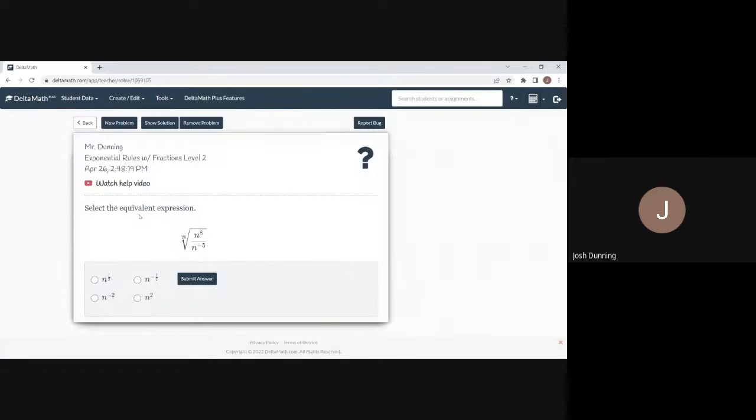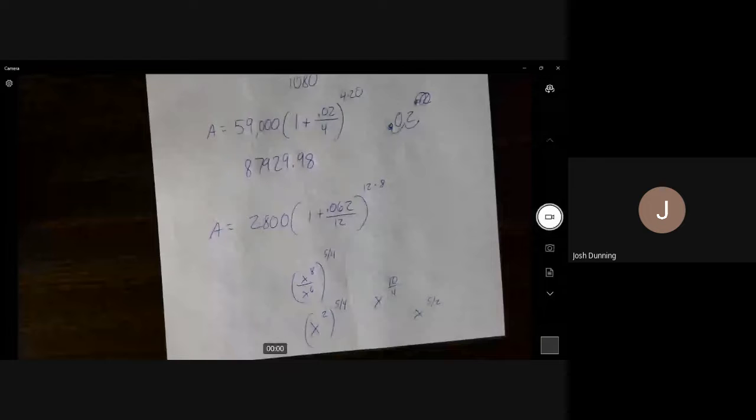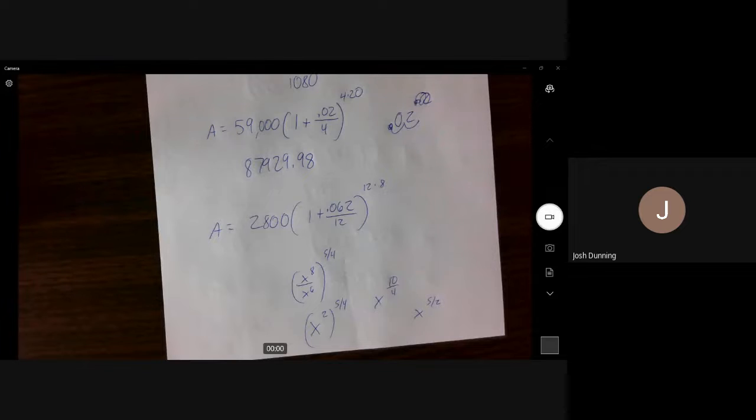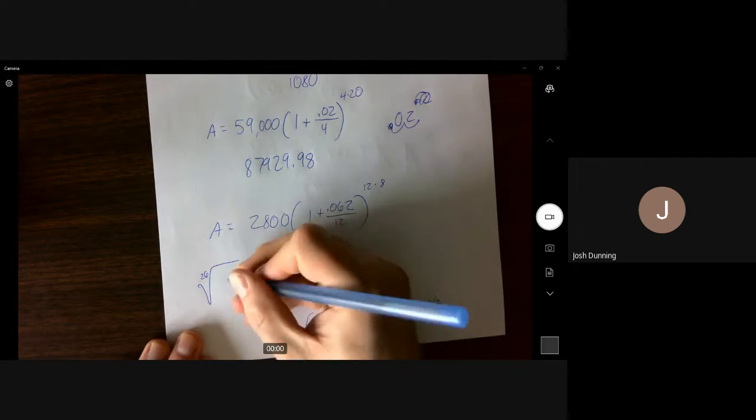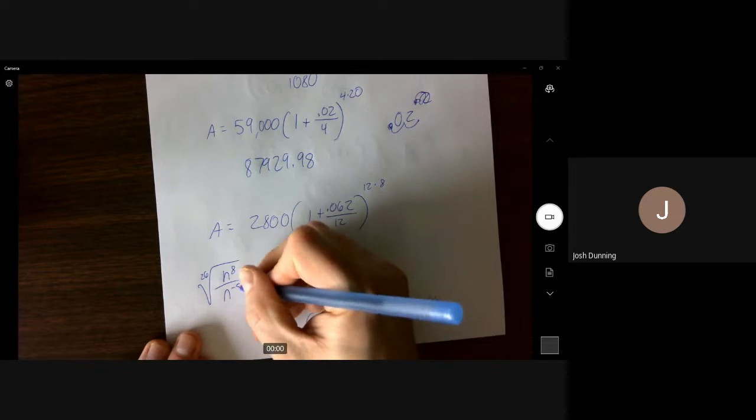And lastly, all right. Well, let's see here. I'll show the work on this one. If you do this one maybe a little bit differently, like if you use your calculator, it'll probably reduce it all down for you. So let's see. We got the 26th root of n to the 8th over n to the -5th.